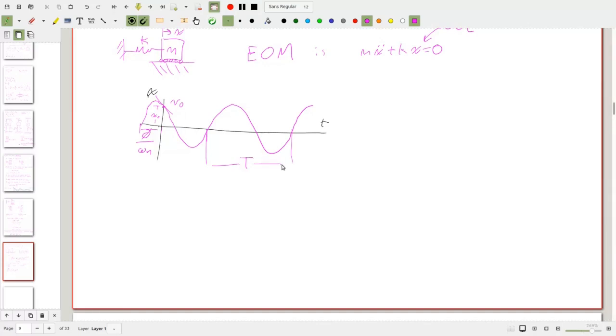And then at any spot again, we're going to have a sine of omega n t plus phi. Right? Okay, where is our maximum displacement? At the peak. Pretty easy. Then where's our maximum velocity?